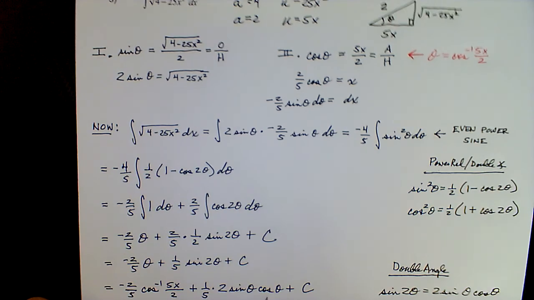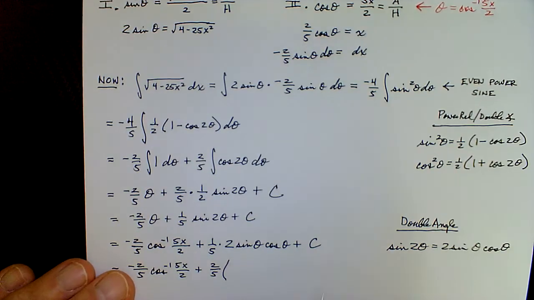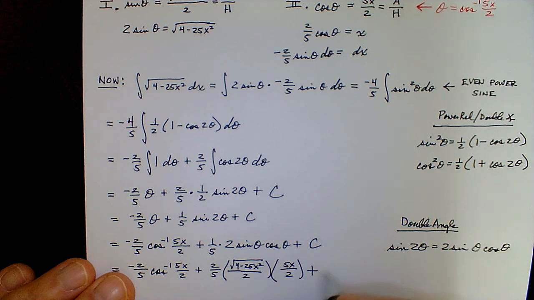And if we look back at Roman numeral steps 1 or 2, or the triangle itself, sine is opposite over hypotenuse, so that was the radical part, over the constant, and cosine is adjacent, 5x over the constant 2.